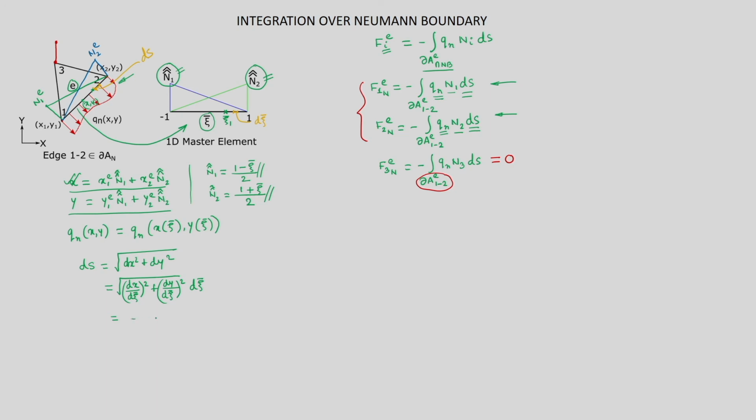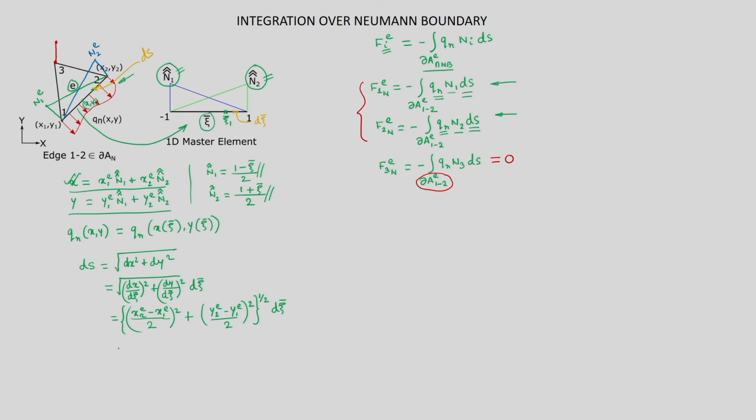Since it is a square, there will be no problem with the sign. So we get the square root of ((x2e minus x1e)/2) square plus, similarly for dy/dxi bar, ((y2e minus y1e)/2) square. We have a square root here, so we write it as half into d xi bar.